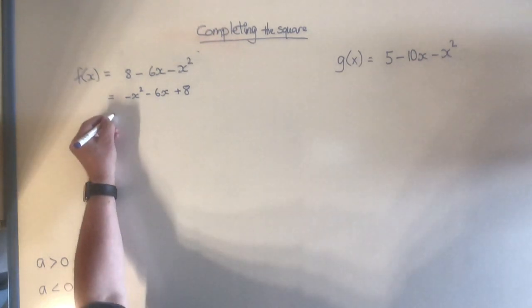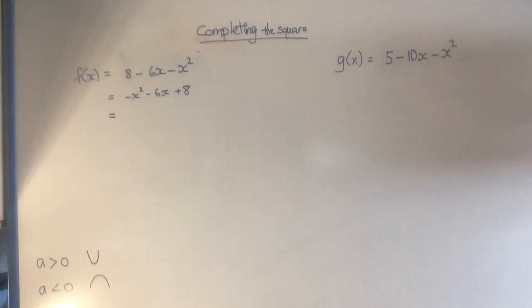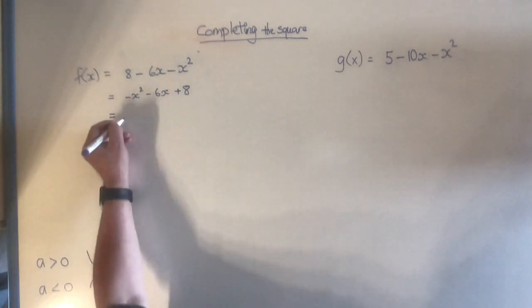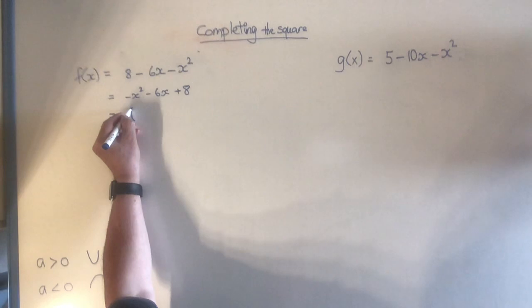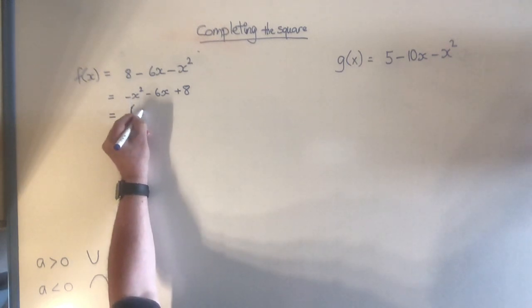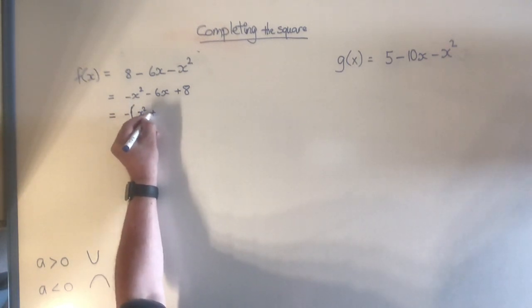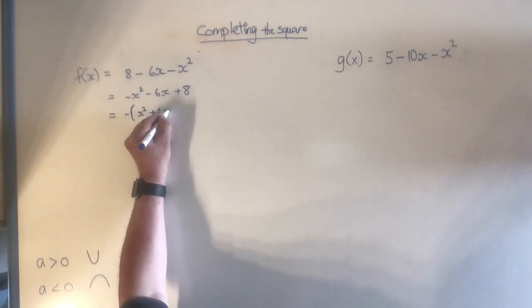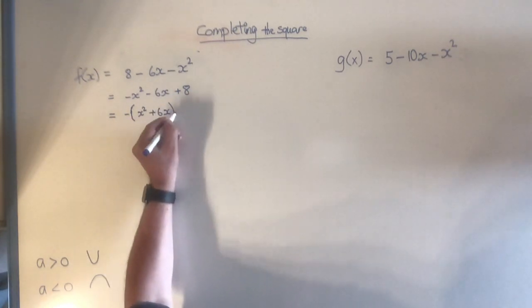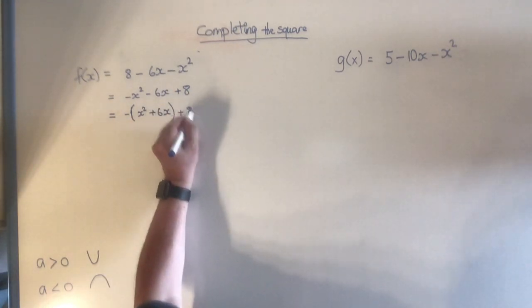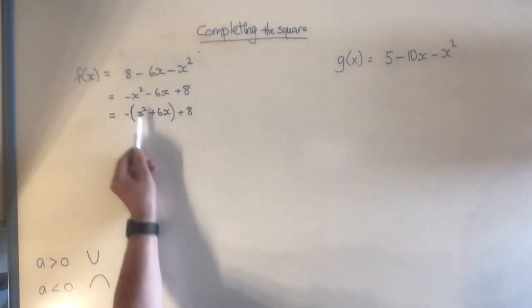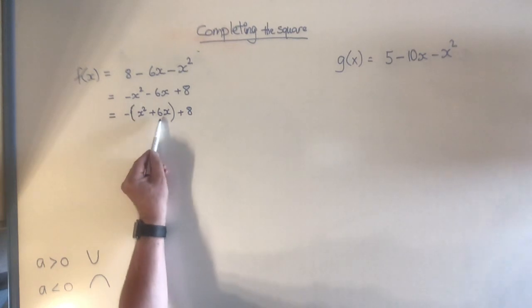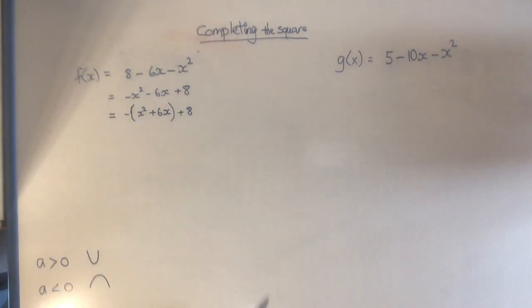Then we're going to look at the first two terms, but this time we're going to take out a negative. We're going to factorise it, minus 1 outside. So I'm just taking the negative outside, so that gives me x squared plus 6x minus 8. Okay, so that's me just taking the negative out. So negative here comes out and becomes positive in the bracket.